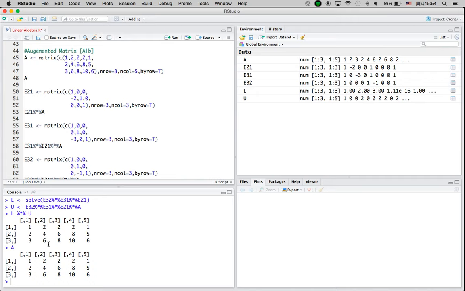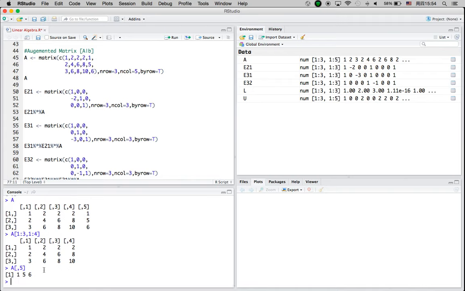This matrix is a 3 by 4 matrix, and b is the fifth column here, so that's the coefficients, and that's the constant term.